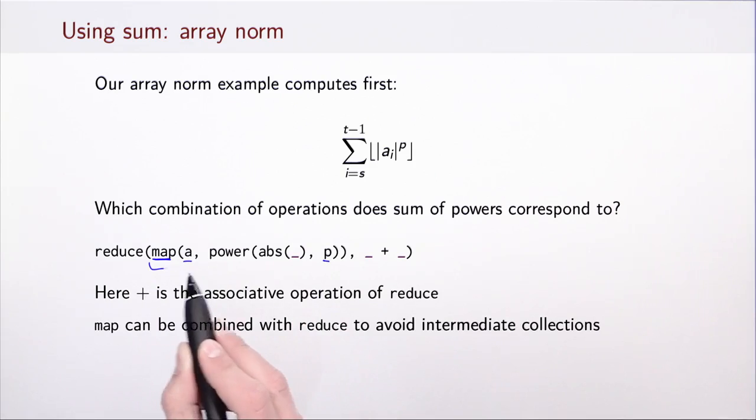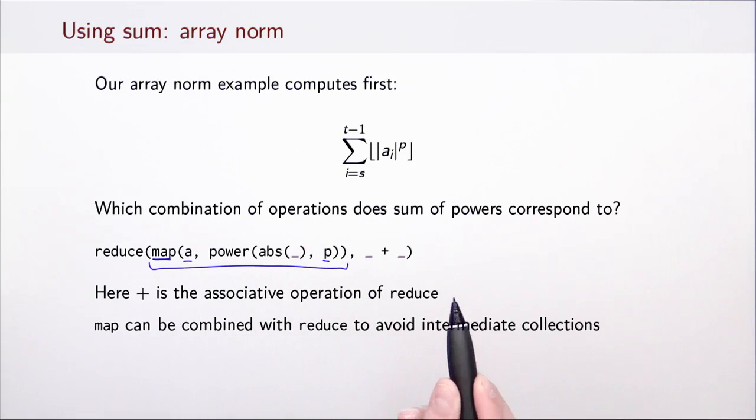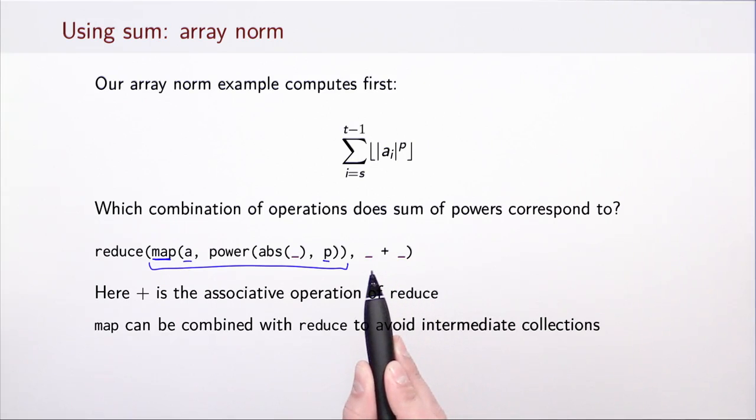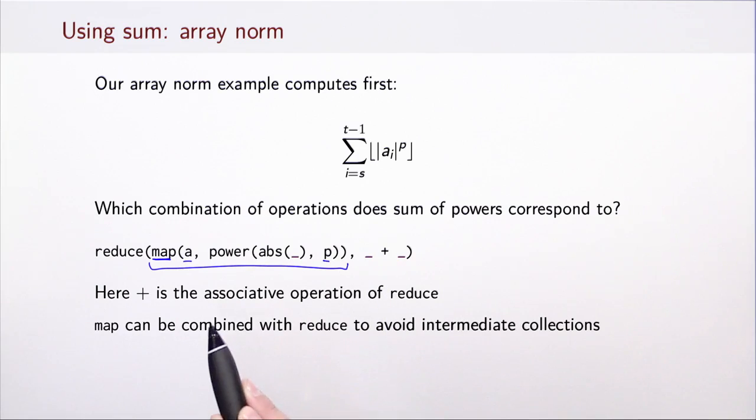This conceptually gives a new array, and then we sum up the elements of the array. Summing up the elements of the array can be done by doing reduce with the plus operation. This is justified because plus is in fact associative.